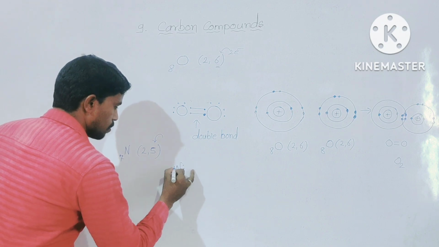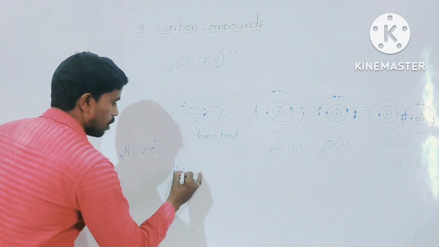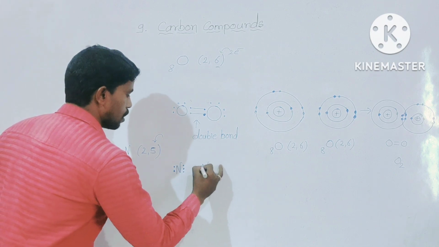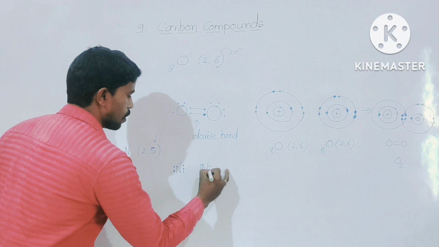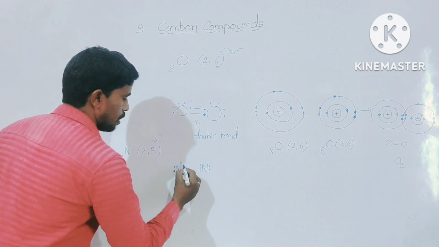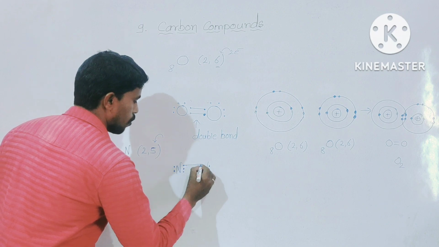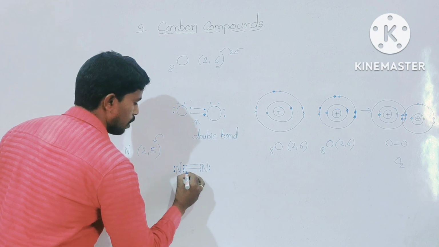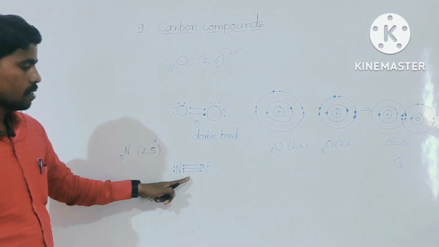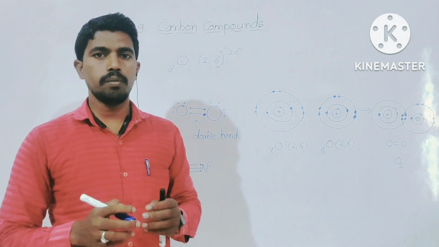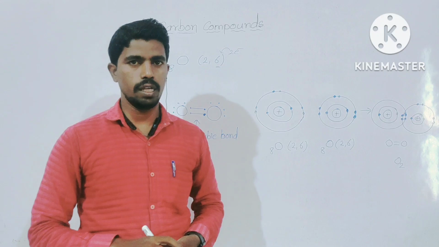Outermost shell of nitrogen contains 5 electrons. Another nitrogen contains 5 electrons in its outermost shell, and it shares 3 electrons with each other, forming triple bond. This is the nitrogen. Nitrogen forms a triple bond to complete its octet.